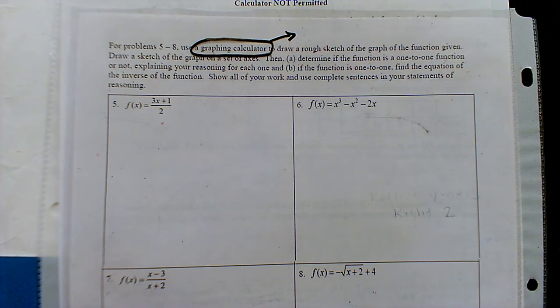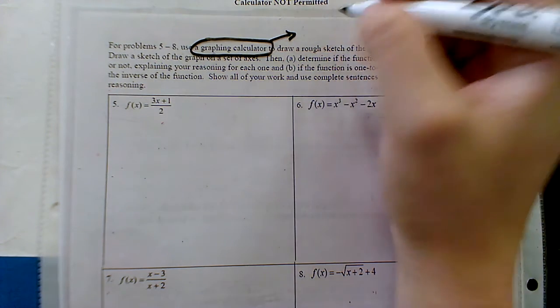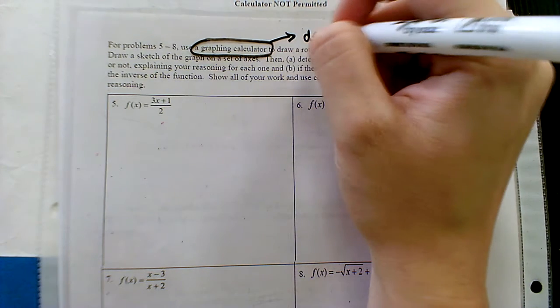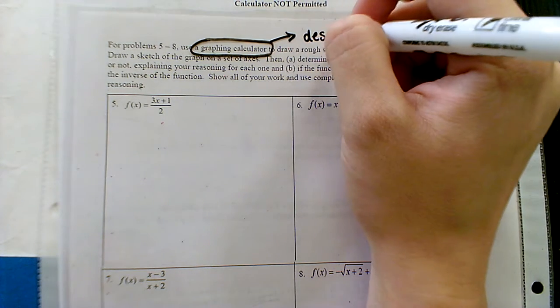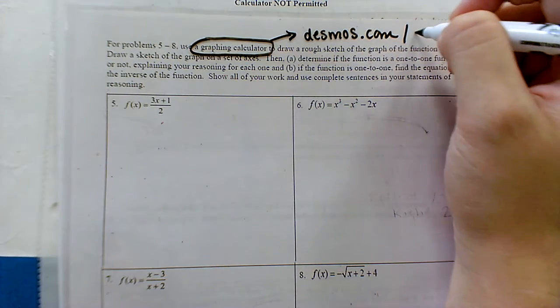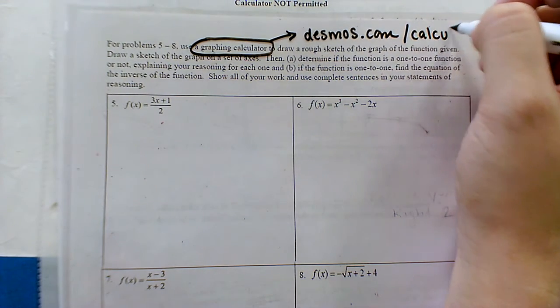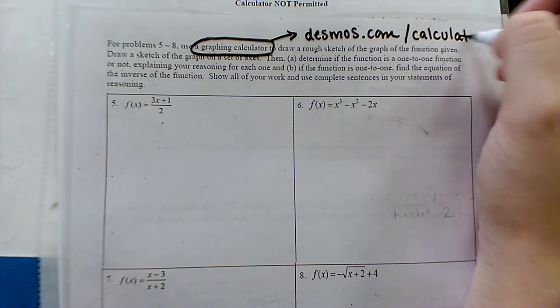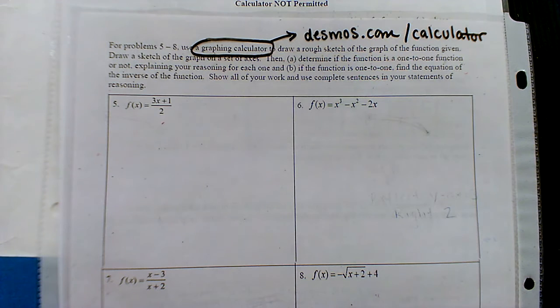If you ever have to use a graphing calculator at home and you don't have your own personal one, there's a really cool website that you can visit called Desmos.com. Are we familiar with that? A little bit? Some of us maybe? Desmos.com/calculator. You can type or graph anything. I see smiles.